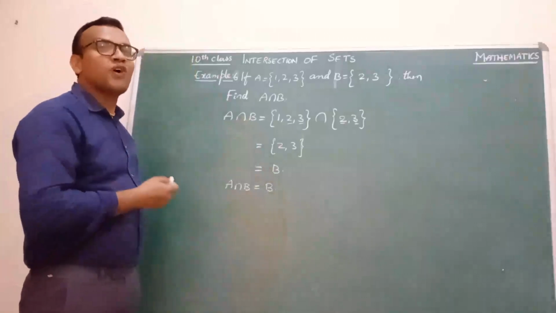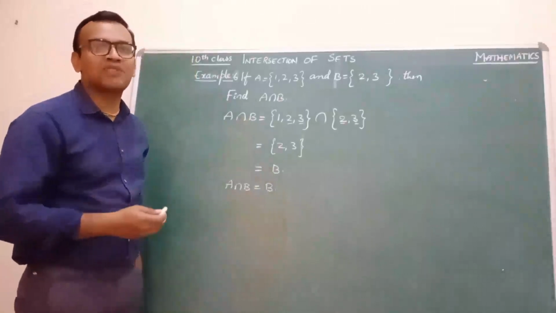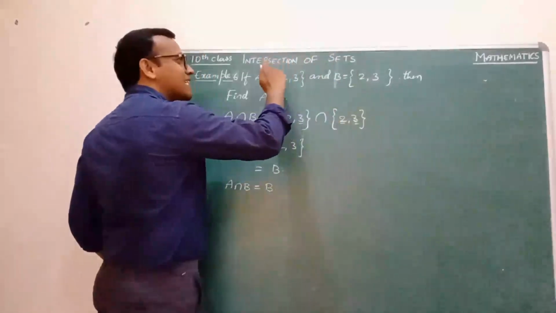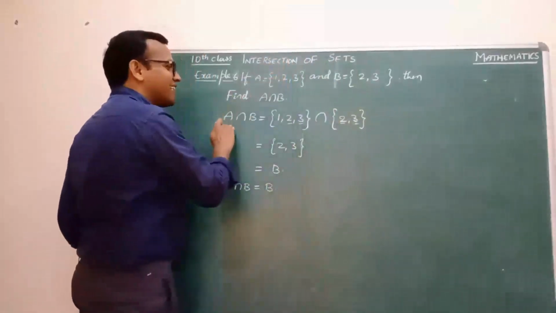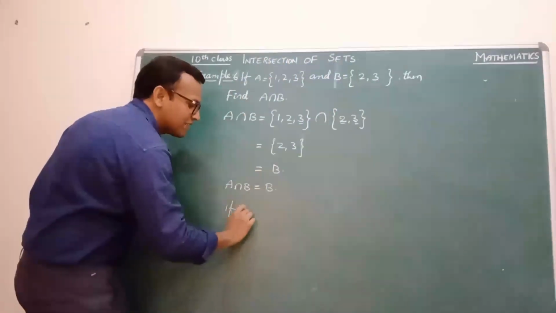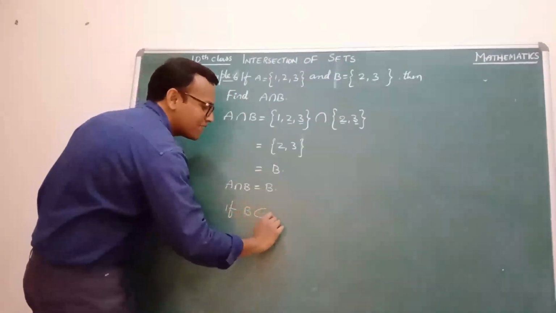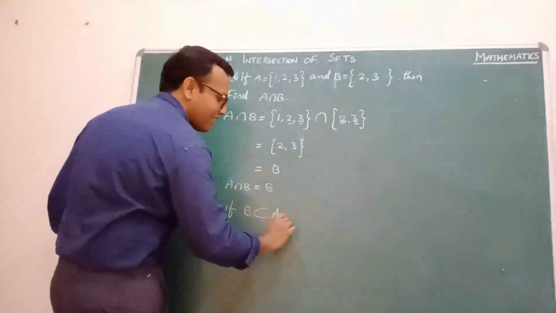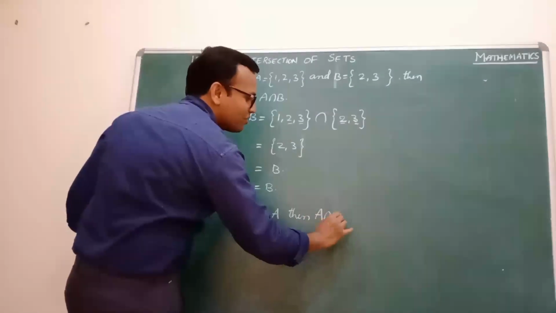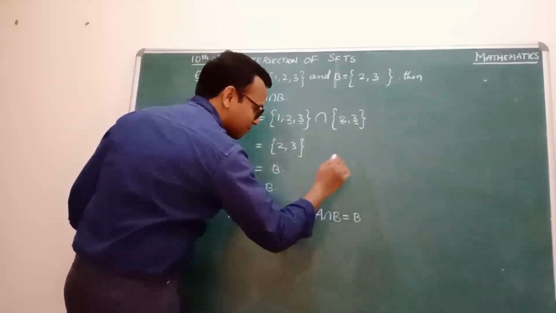Then what can we observe from this? Here the set B is a subset to A and A intersection B is B. We can write like this: if B is a subset to A, then A intersection B is nothing but B only.